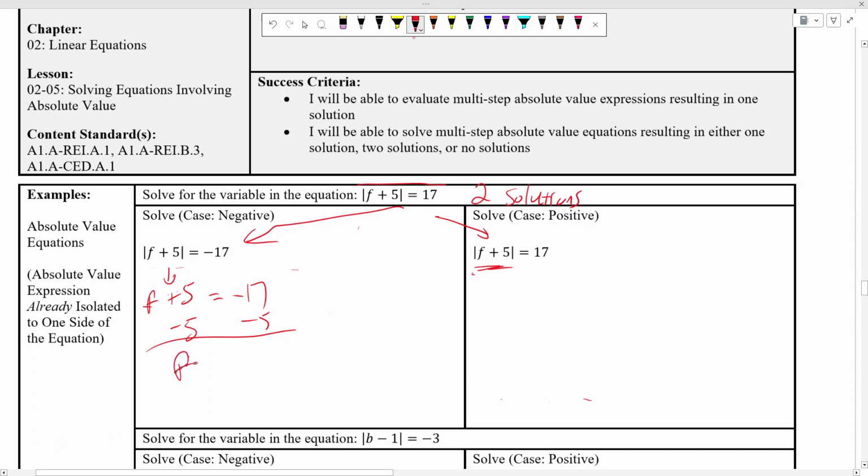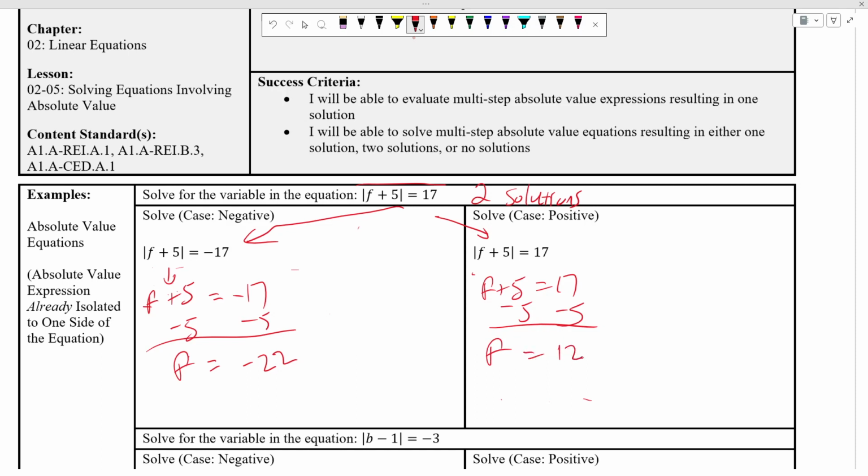So F equals negative 22. And here, again, we're going to simply ignore this. F plus 5 equals 17, minus 5, minus 5. F equals 12.